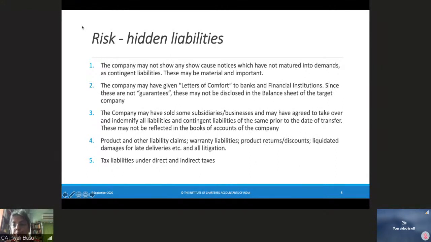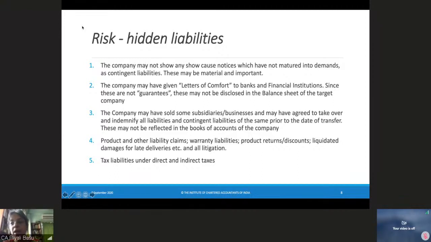How would you know that there could be a warranty liability? Wherever there is a warranty, it is provided for a product. It is absolutely necessary to make a provision for such warranty based on certain data, how much cost has been incurred in past years. An estimate has to be made.